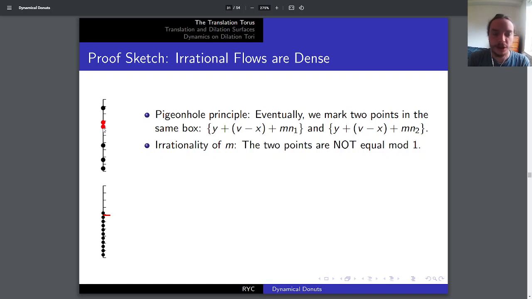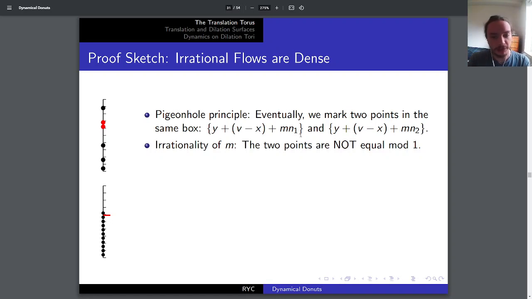Okay? So if they were the same point, then we could subtract these two numbers, and we would just get 0, right? Because they're the same point, so the fractional parts are the same, and you subtract them and you get 0. Okay, but then we see that the fractional part of m times n2 minus m times n1 is equal to 0, which means that m n2 minus m n1 is equal to an integer.